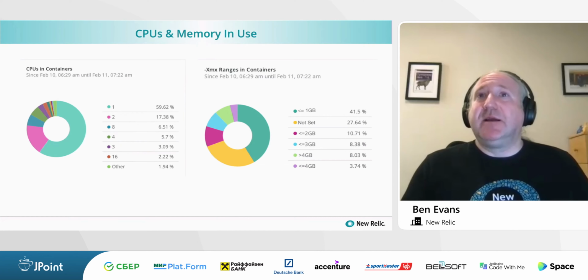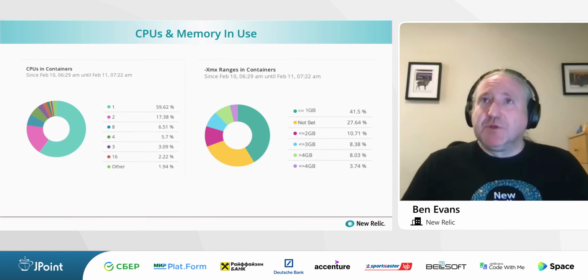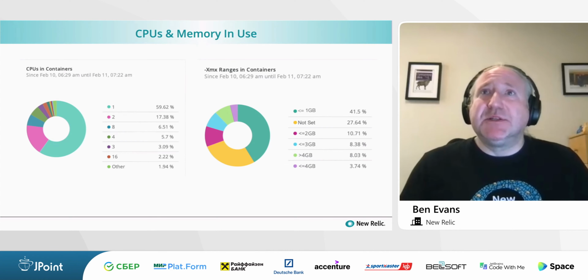So that is a second thing which, if you want to make your Java in containers run effectively, you absolutely must do. It's also worth noting how many containers set tiny Xmx sizes.